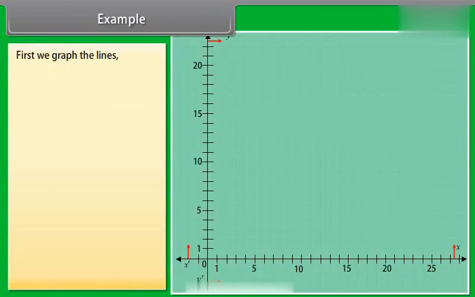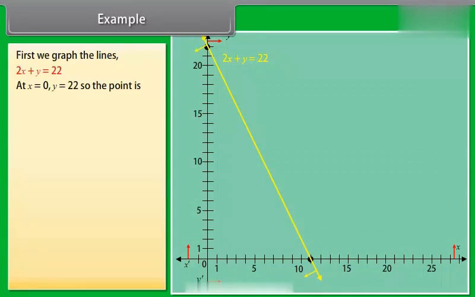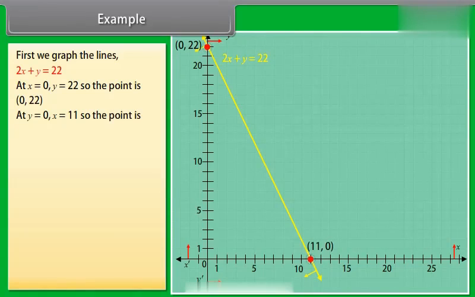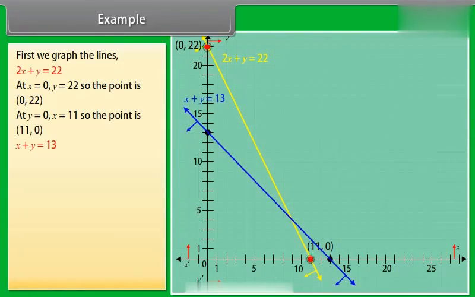First, we graph the lines as follows. 2x plus y is equal to 22. At x is equal to 0, y is equal to 22, so the point is (0, 22). At y is equal to 0, x is equal to 11, so the point is (11, 0). x plus y is equal to 13. At x is equal to 0, y is equal to 13, so the point is (0, 13).